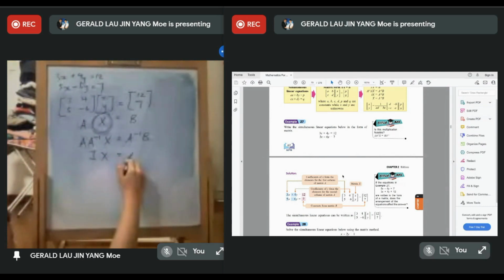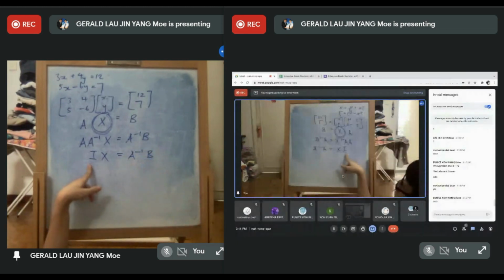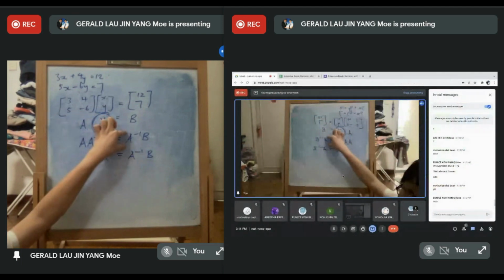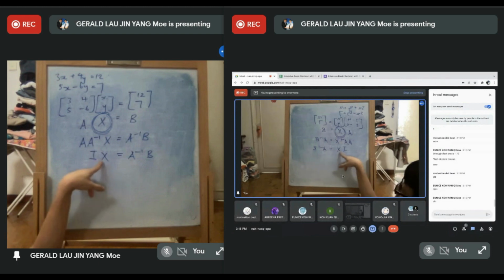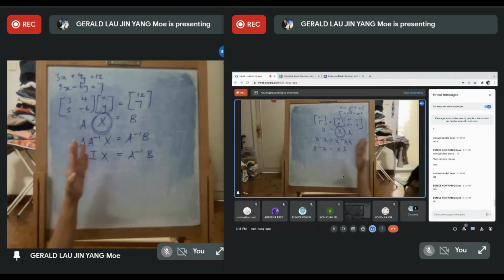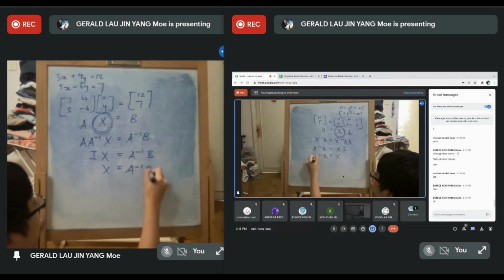And then X here remains the same. Can you understand until here? Introduce the inverse matrix, then here identity matrix. And then X, a normal matrix X times identity matrix, like I said, mirror, is the same thing. So X equals A inverse matrix B.